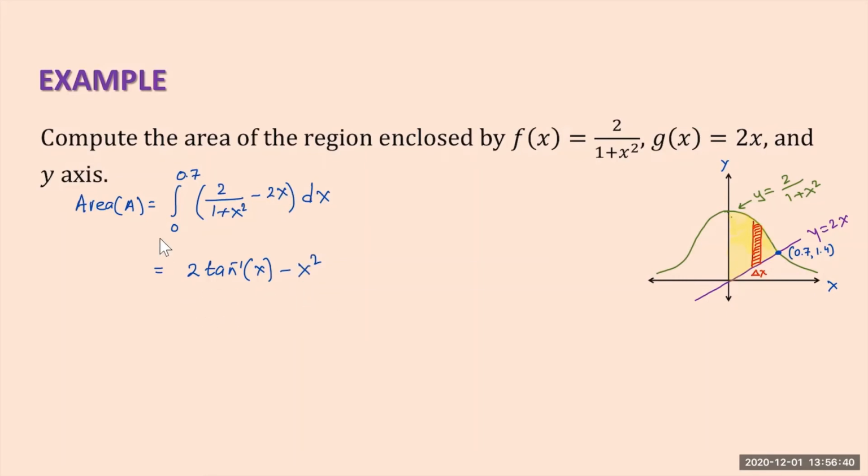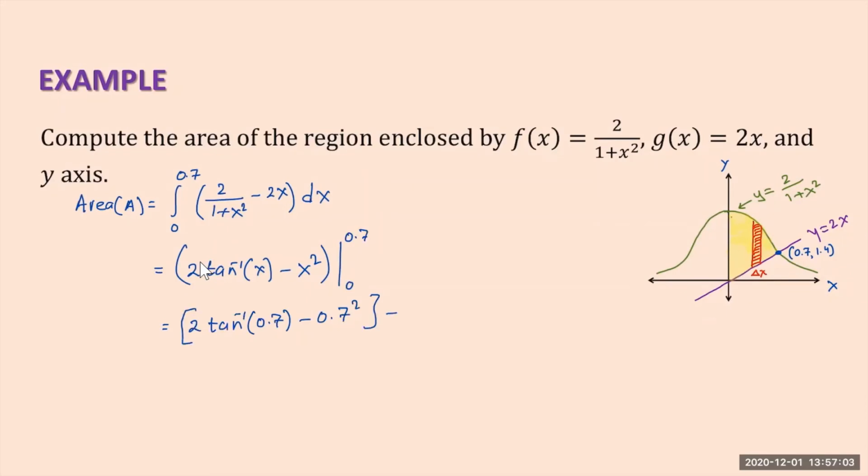And we need to evaluate this between 0 and 0.7. Now if I plug in 0.7, the upper limit will be 2 tangent inverse 0.7 minus 0.7 squared. Then we subtract and plug in lower limit.